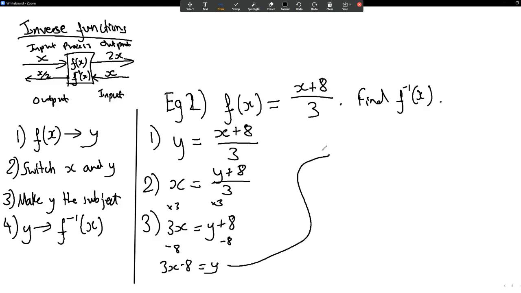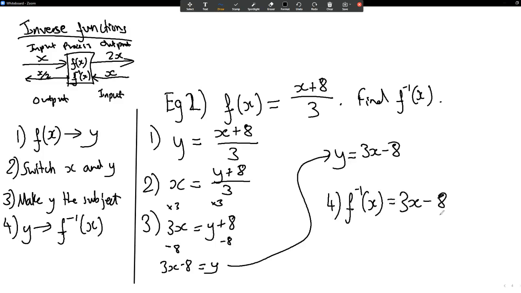If we bring this up here, we get y equals 3x minus 8. And that is step 3. So now we need to just do step 4, which is to convert y into f minus 1 of x. And that is the inverse function.